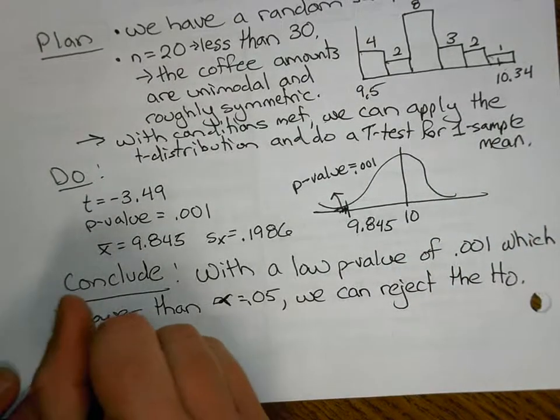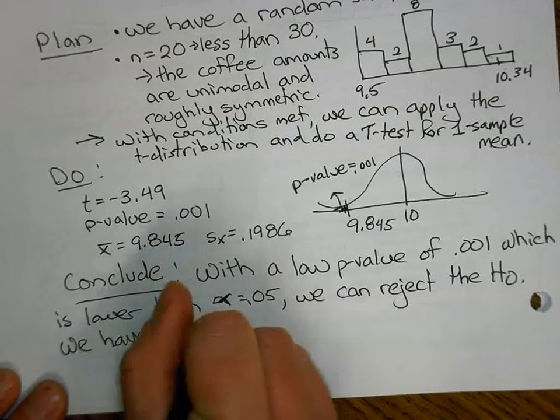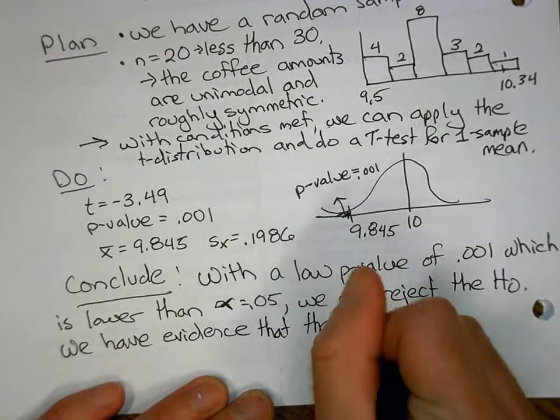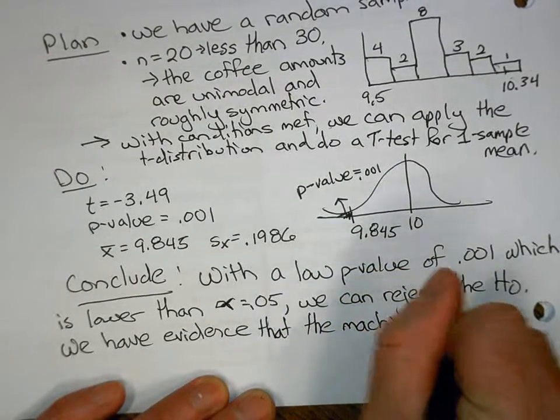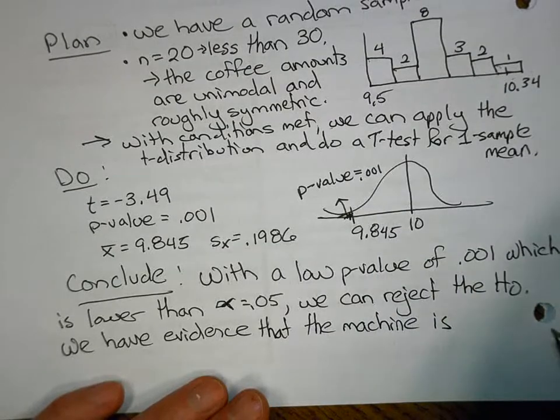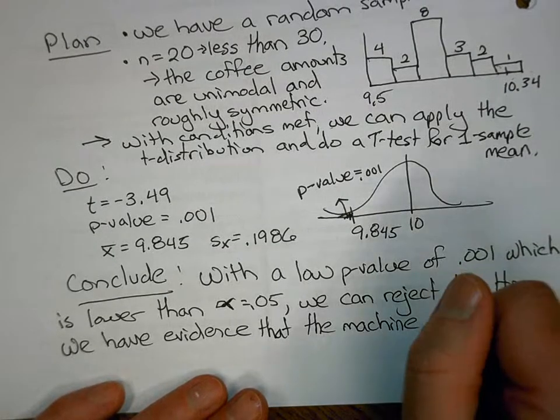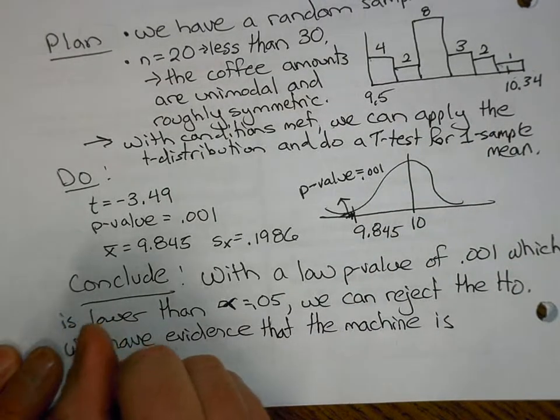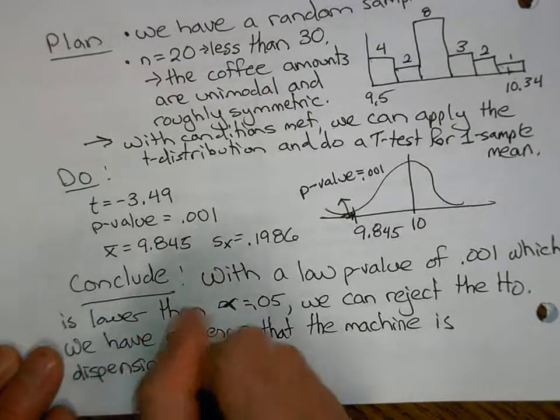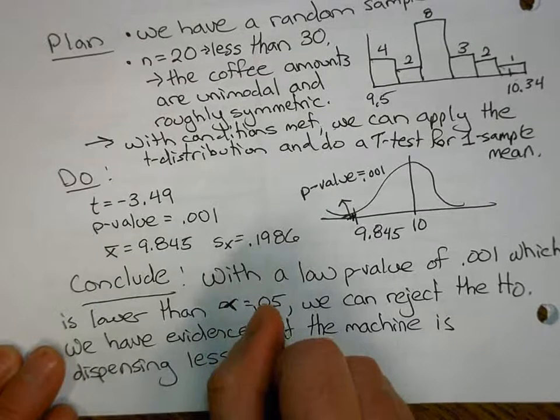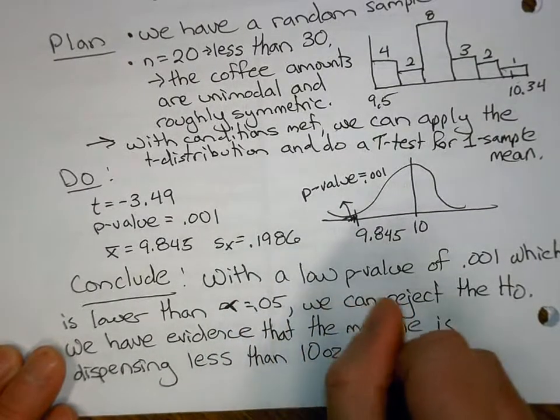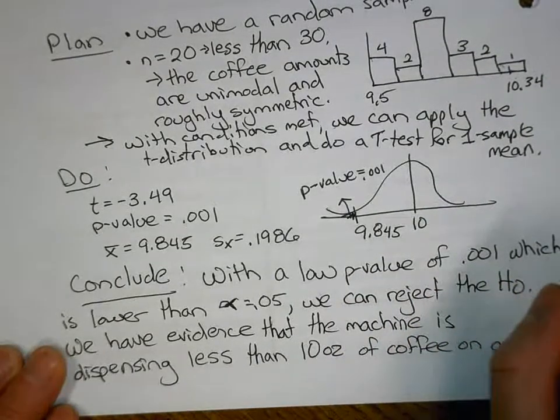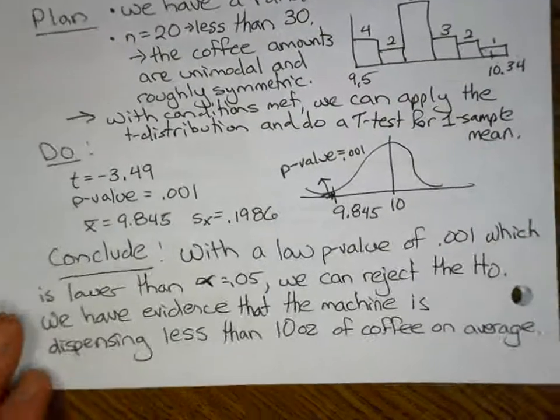We have evidence that the machine is shortchanging customers, I suppose, is dispensing less than 10 ounces of coffee on average. Period. Done. Yay! Good job.